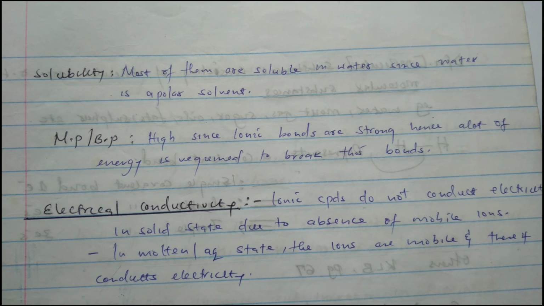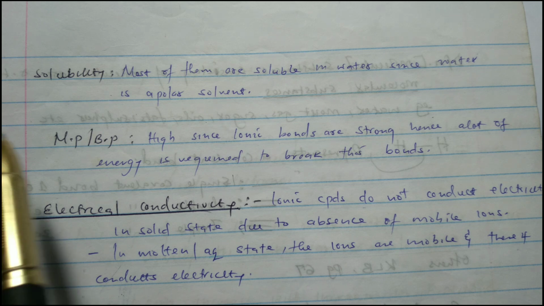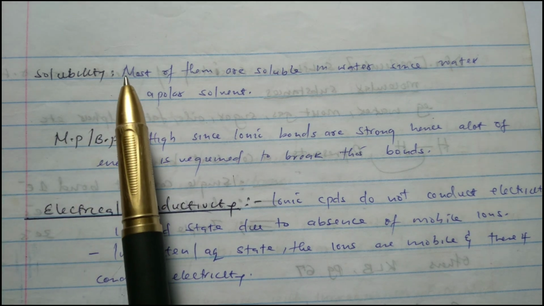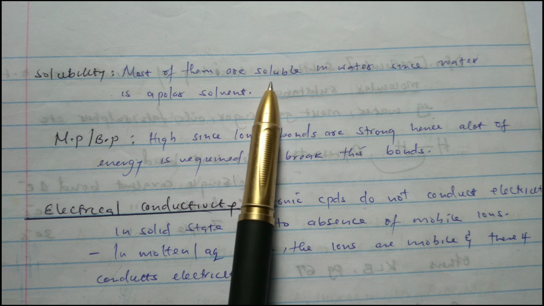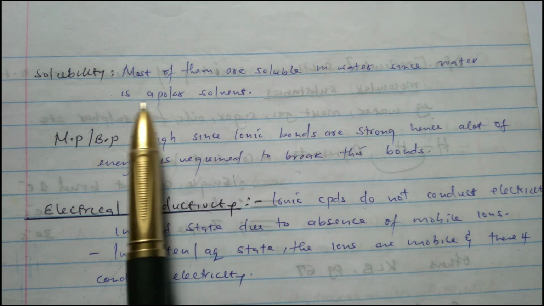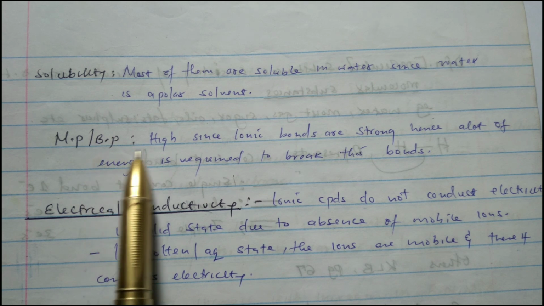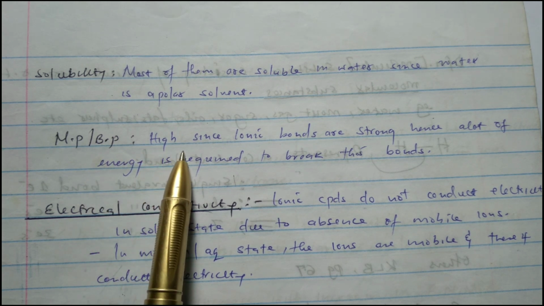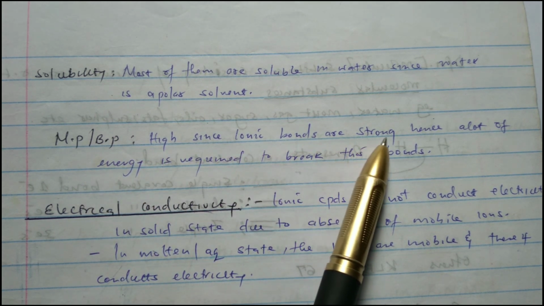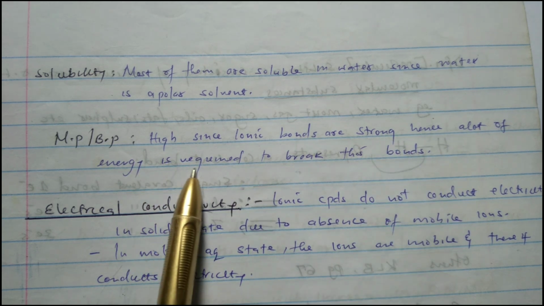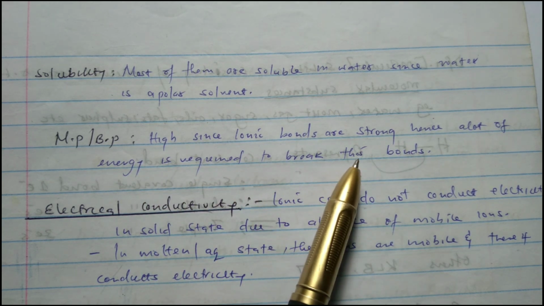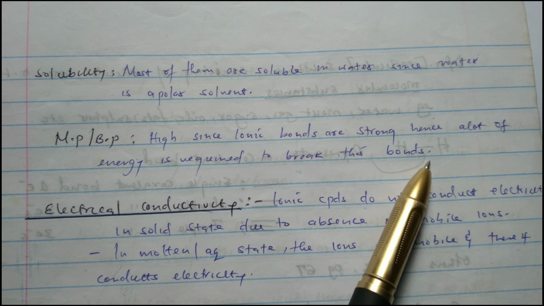I want to discuss only 3 physical properties of ionic compounds. One is solubility: most of them are soluble in water, since water is a polar solvent. Then their melting and boiling points are high, since ionic bonds are strong, hence a lot of energy is required to break them.